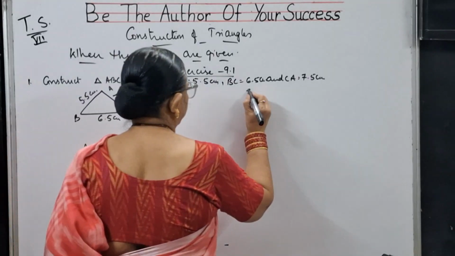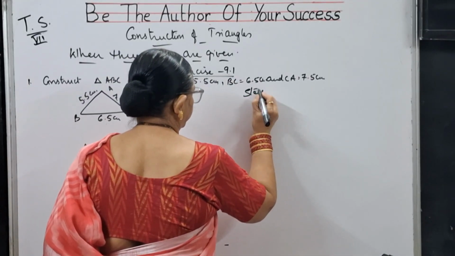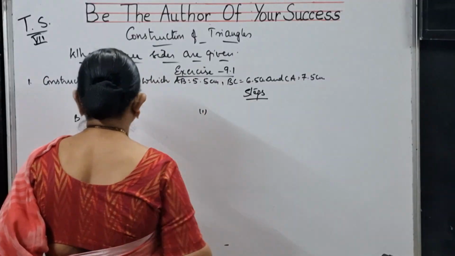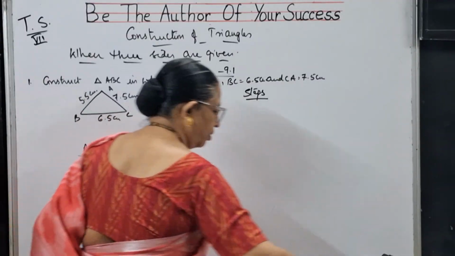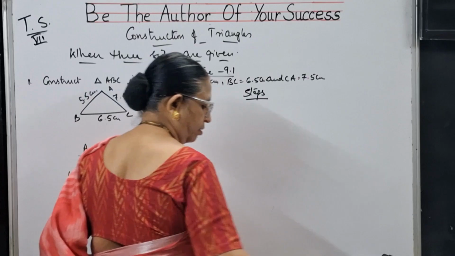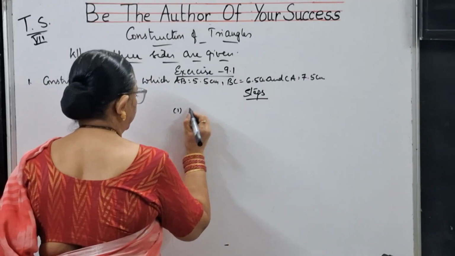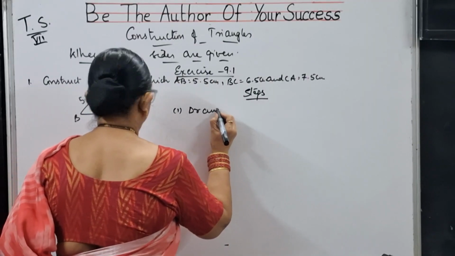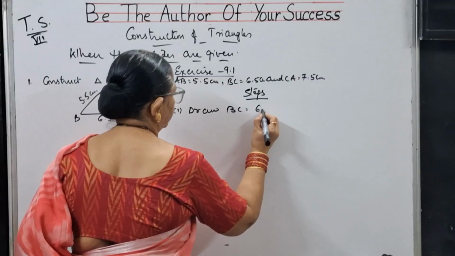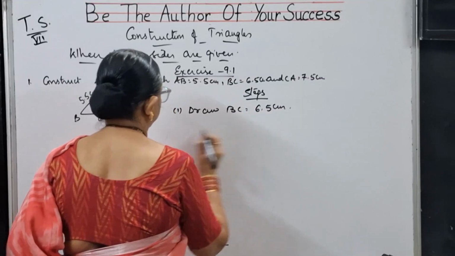Now let me write the steps. So what are the steps? What is the first point? Draw. First point here, draw BC is equal to 6.5 centimeters.